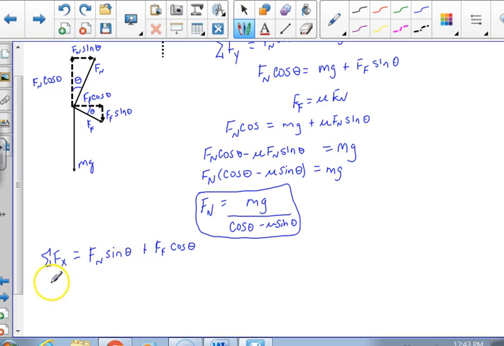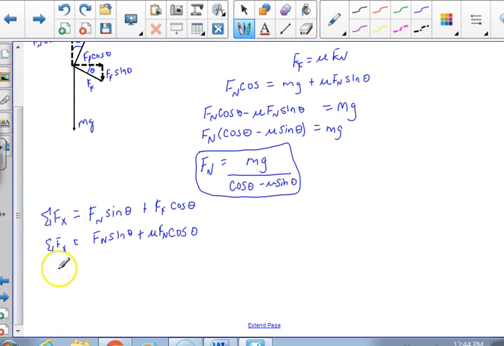We can rewrite and say that sum of forces is equal to Fn sine theta plus, renaming force of friction as mu F normal like we did above, mu Fn cosine theta. We then factor out an Fn and say sum of forces in the x equals Fn times sine theta plus mu cosine theta.